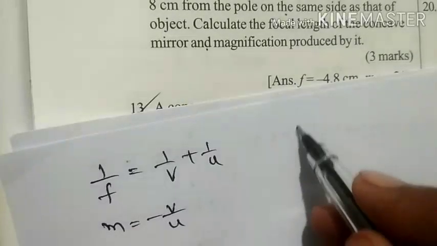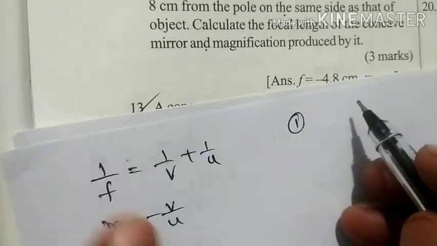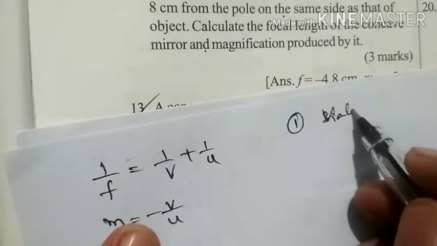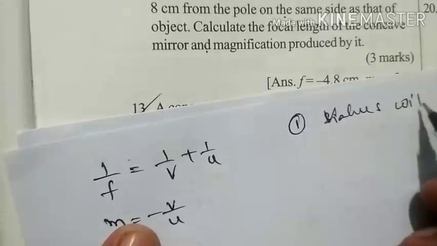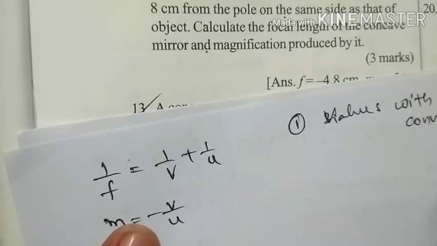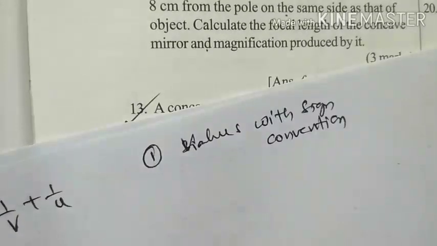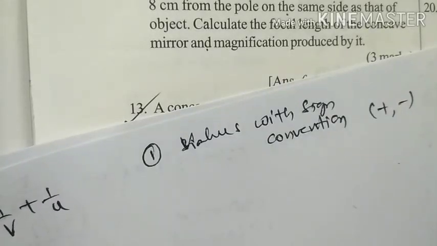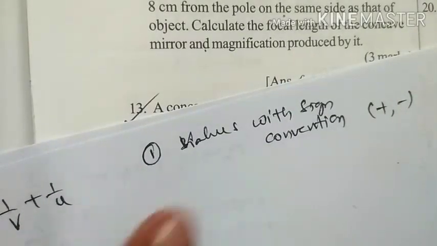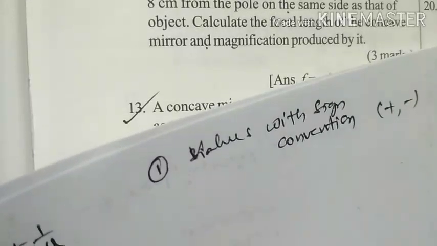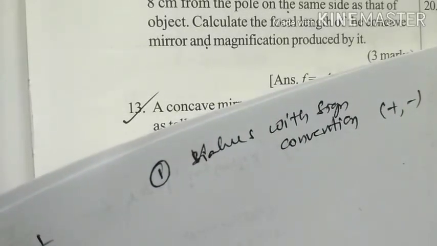The first important aspect in solving the problem is to note down the values with sign convention. Sign convention means either it is plus or minus. How can you know these values with sign convention? By reading the statement. For example, in front of the mirror means it forms a real image.